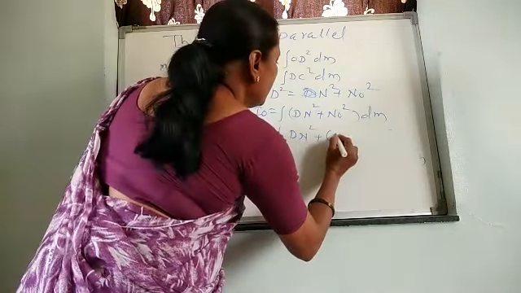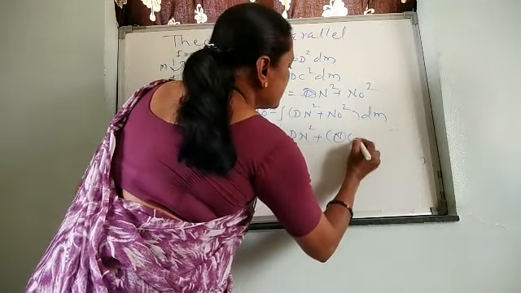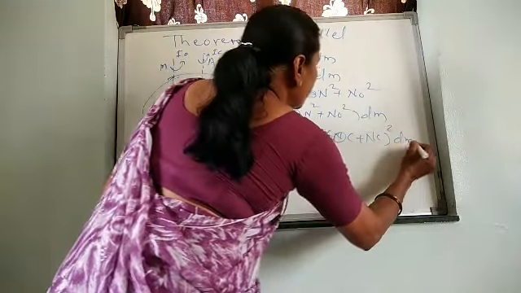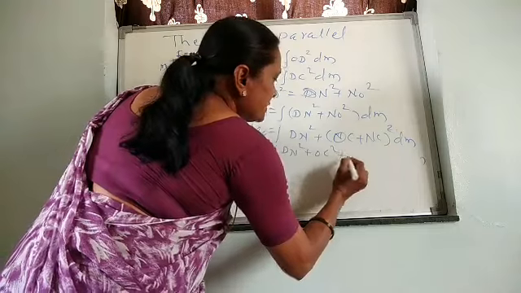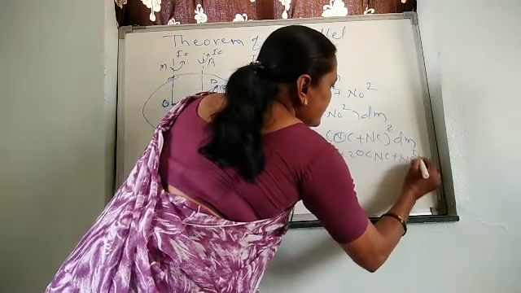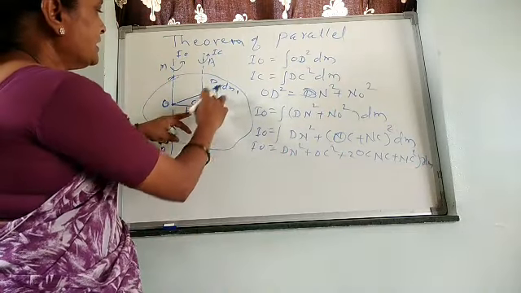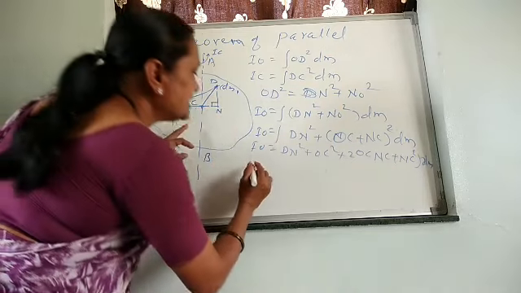That means it will be OC plus NC bracket square into dm. That means dn square plus OC square plus twice of OC into NC plus NC square, whole multiplied by dm. Here dn square plus NC square will be equal to DC square.